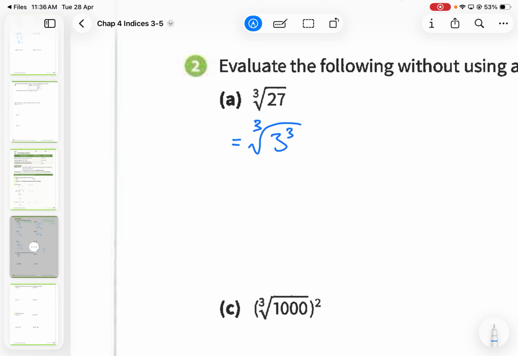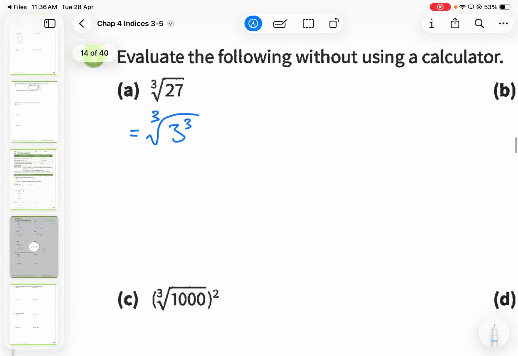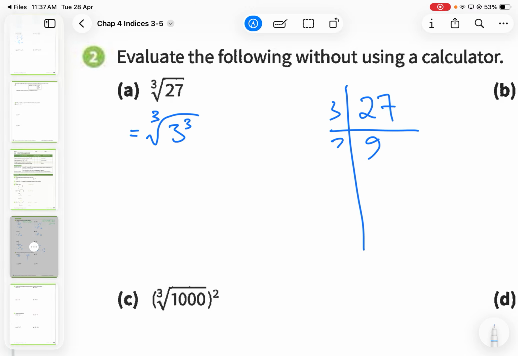I don't have a pen. Got pen? If I don't know 27 is 3 cubed, I will do my prime factorization. Can divide by 2? Cannot. Can divide by 3? Can. Can divide by 3? Yes.